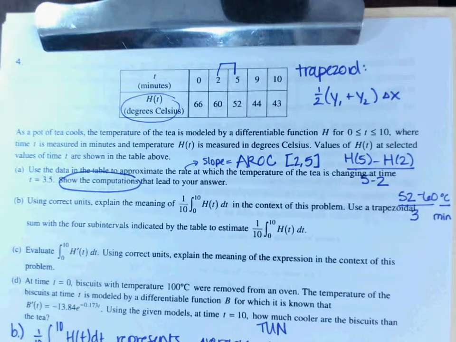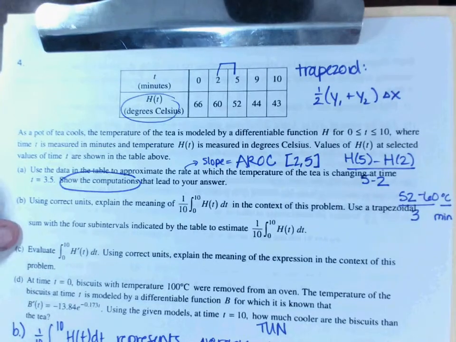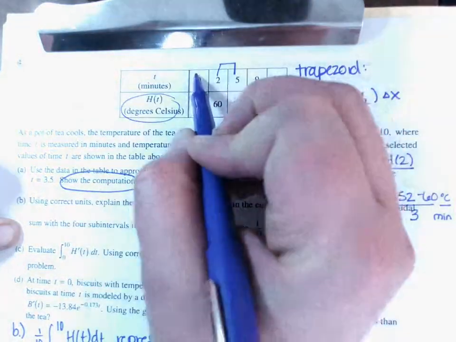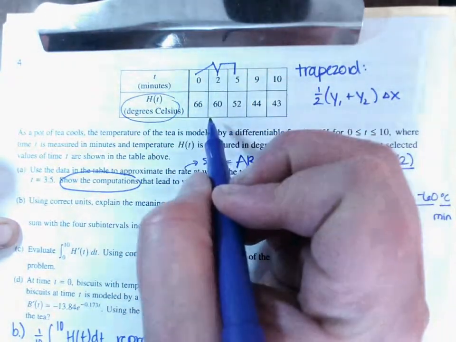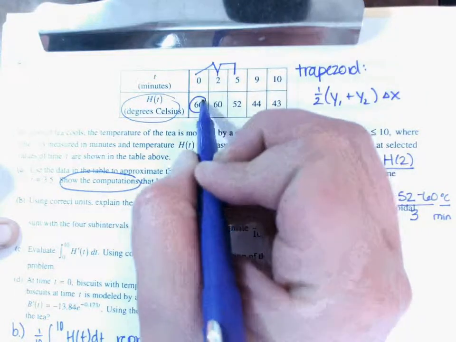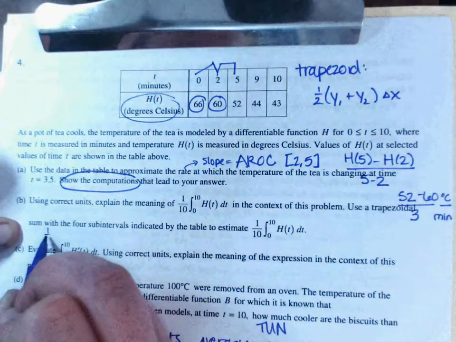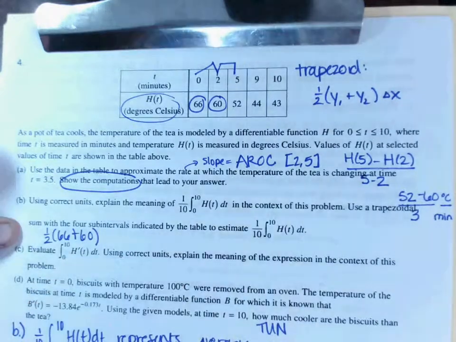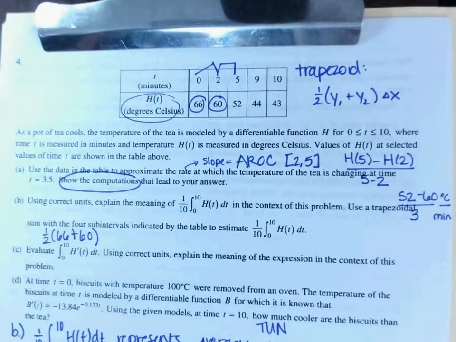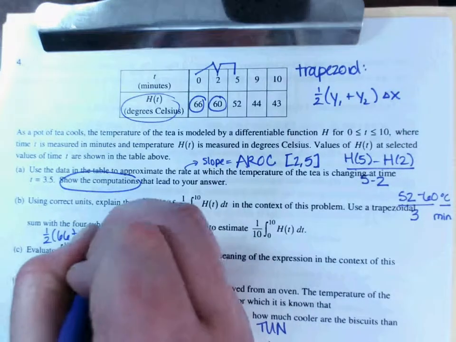So if I was wanting to set this up, I'm going to squeeze it in right here underneath part B. From 0 to 2, what are my y values? 66 and 60, so I do 1/2, 66 plus 60, and then what's their individual width, since it's changing every time? 2, across the x-axis, right?